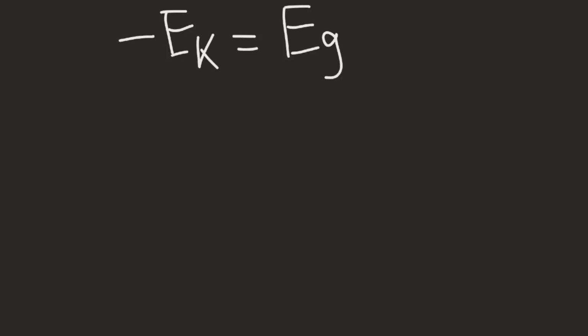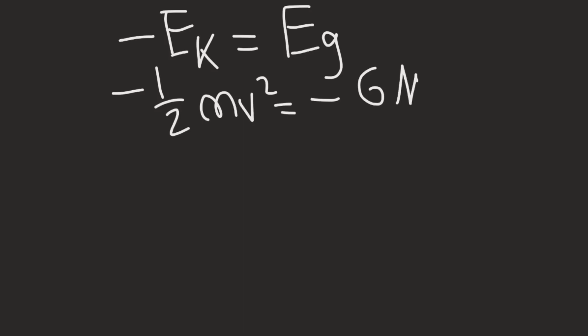Let's find the escape velocity accordingly. Since we know that negative kinetic energy is equal to the gravitational potential energy, we can tell that negative 1/2 mv squared equals minus g big M little m over r.